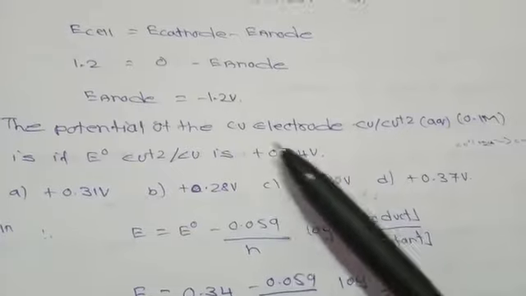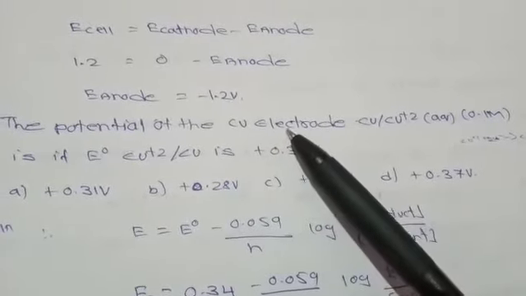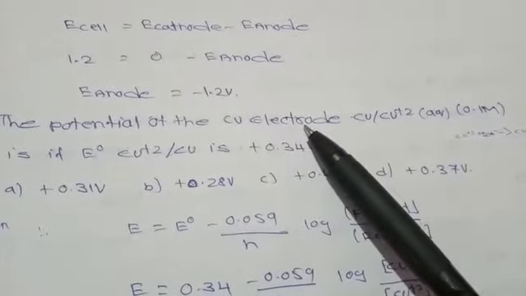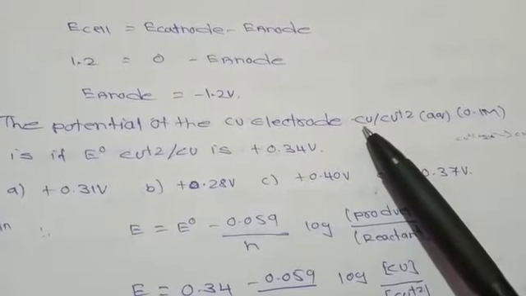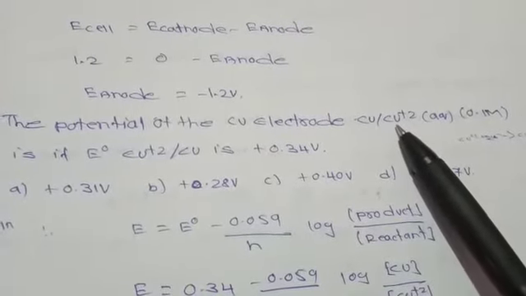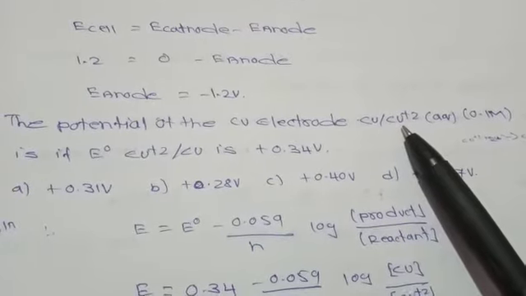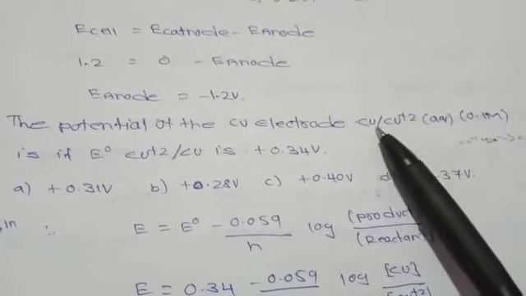Is it clear here? Here he has given one electrode reaction, and what the reaction is, that is Cu gives Cu plus 2 plus 2 electrons, right? It is giving us Cu plus 2.